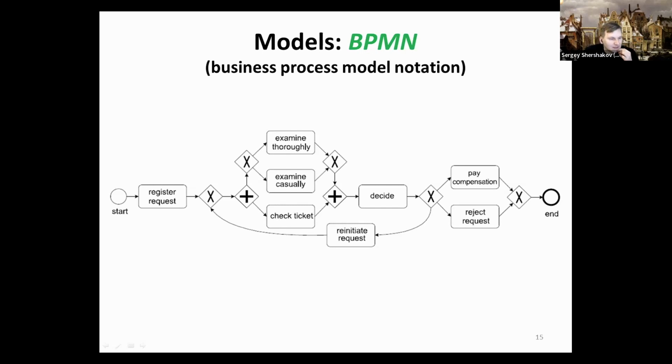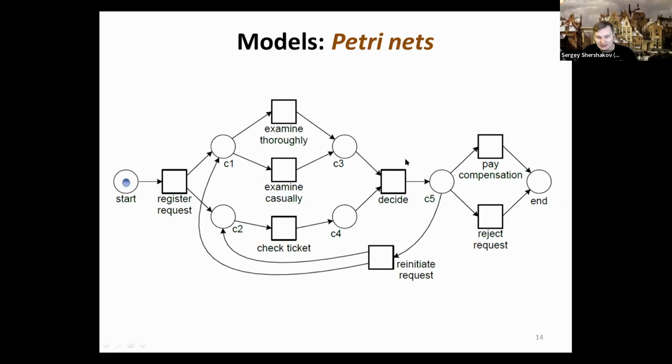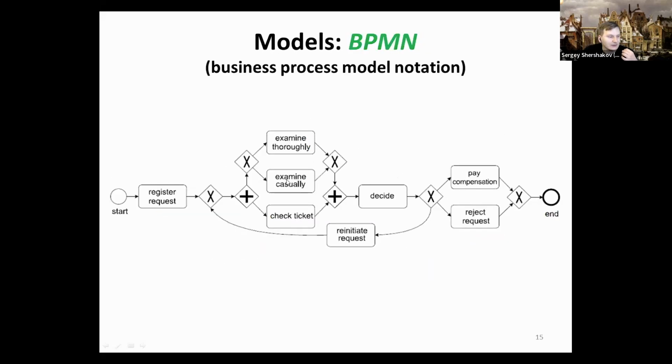Great. Okay, according to the name of this notation, it's Business Process Model Notation. It looks like the Petri net just discussed previously. However, there are some special graphical components depicting joint and fork components.